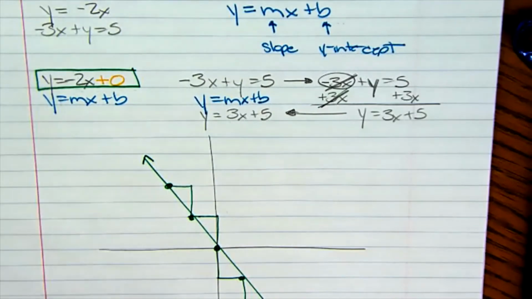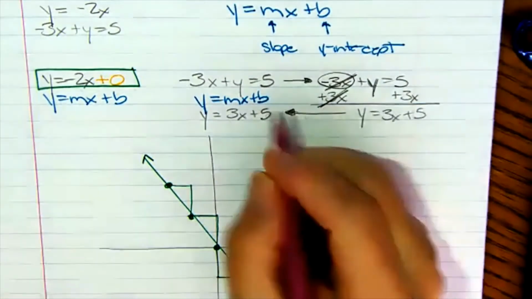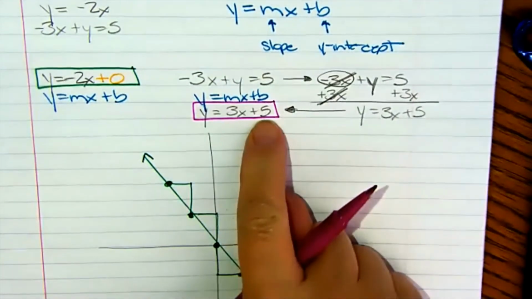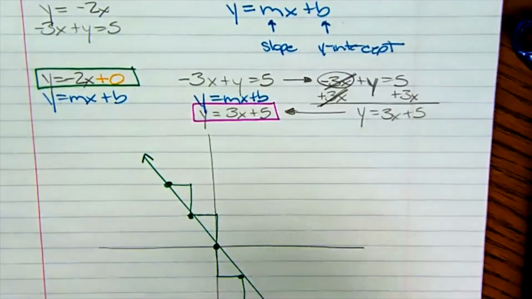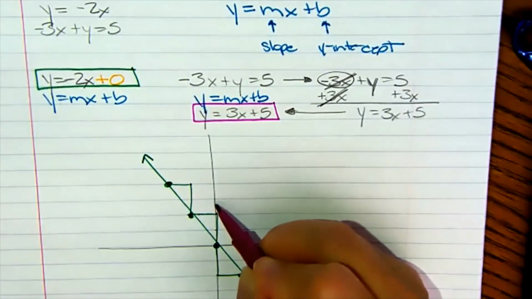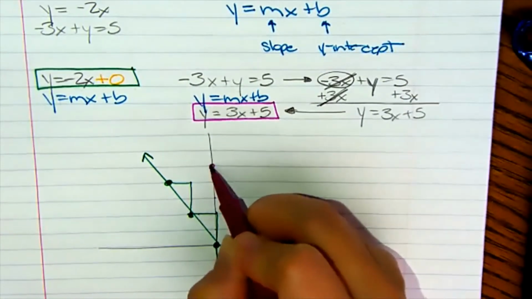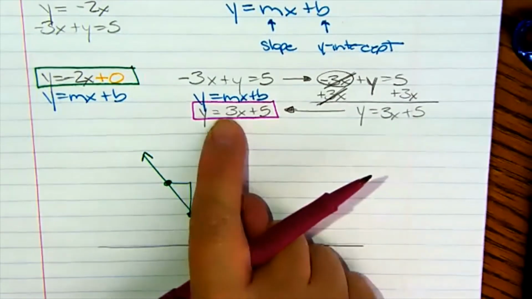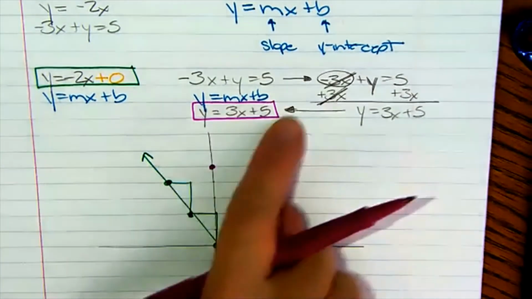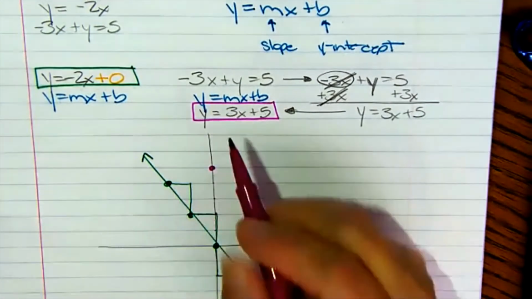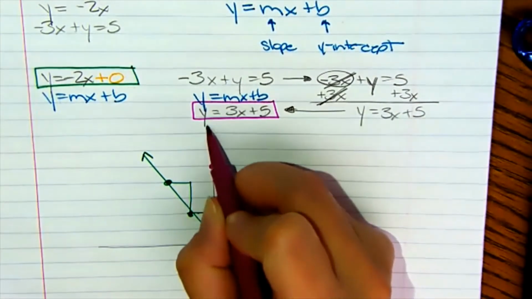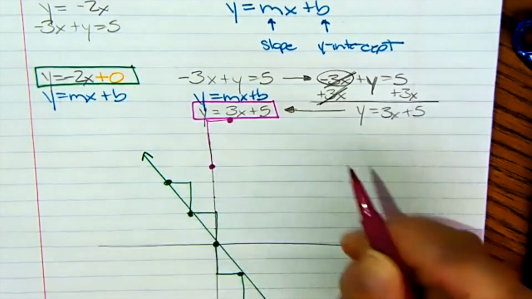Okay, now let's take a look at our second equation. My y-intercept is positive 5. 1, 2, 3, 4, 5. My slope is positive. That means it's going to go up. And I'm going to go up 3 and over 1. Up 3 and over 1.